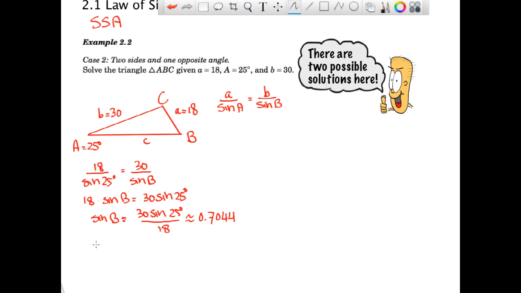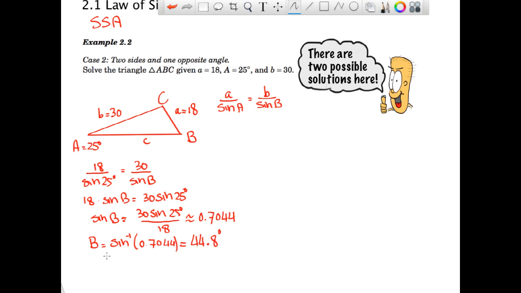So that means that the angle B will be the inverse sine of, and this is the reason that I wanted to write it down for this, and that should be 44.8. Okay, so far nothing is out of the ordinary, right? So this looks great.